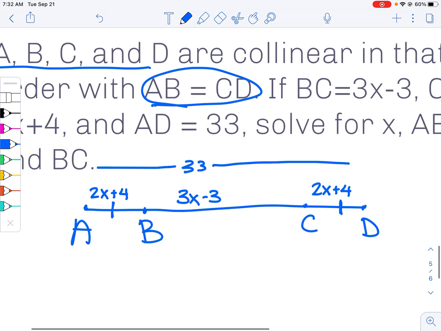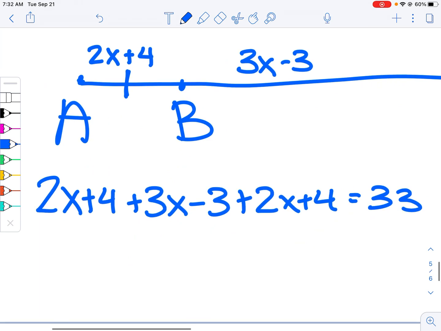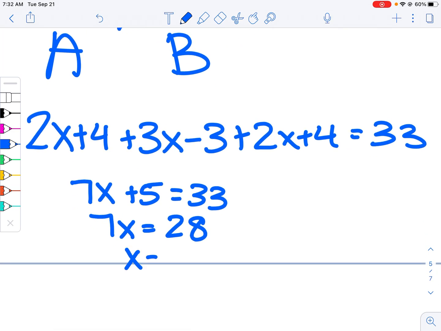Just like before, I can add up my 3 parts and set them equal to 33. When I combine like terms, I get 7x plus 5 equals 33. So 7x equals 28, which means x must equal 4.